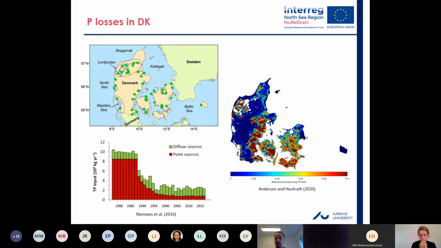We can see that these catchments with high losses are primarily located in East Zealand, which is characterized by moraine soil, and also in Zealand, which is the southeastern part of the country. However, there it's slightly lower because of the lower amount of precipitation.